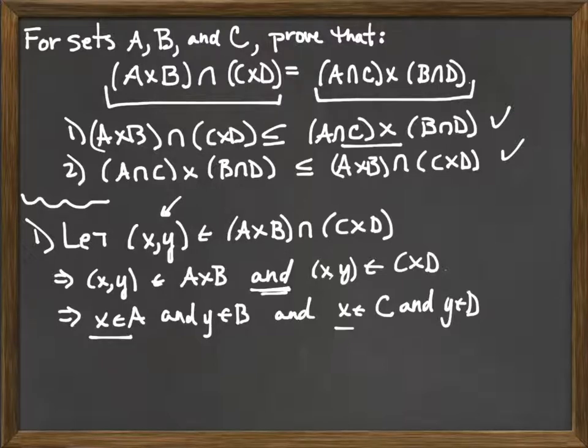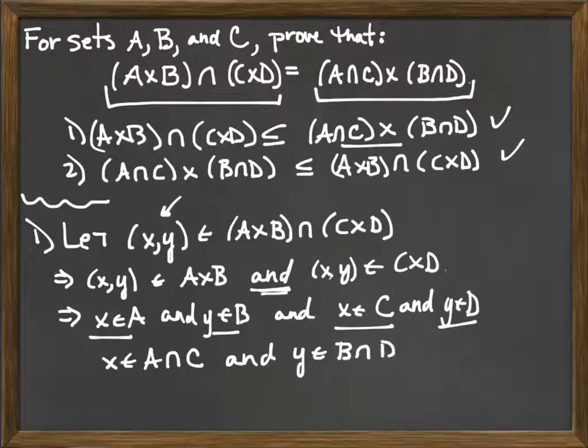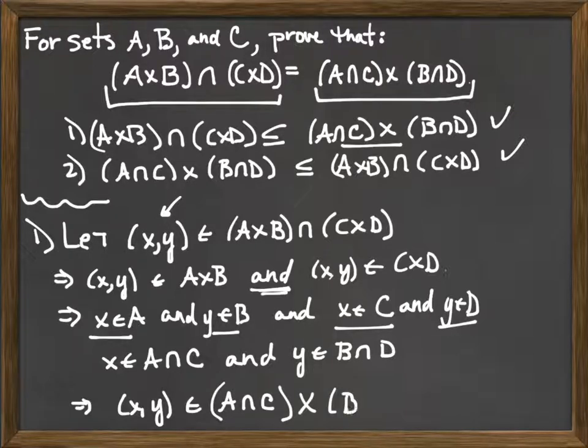So I have x is in A and x is in C. That means x is in A intersect C. And I have that y is in B and y is in D. So y is in B intersect D. So if x is in A intersect C and y is in B intersect D, this means that xy is in A intersect C cross B intersect D. And that means that the left-hand side is a subset of the right-hand side. So we have successfully shown 1.